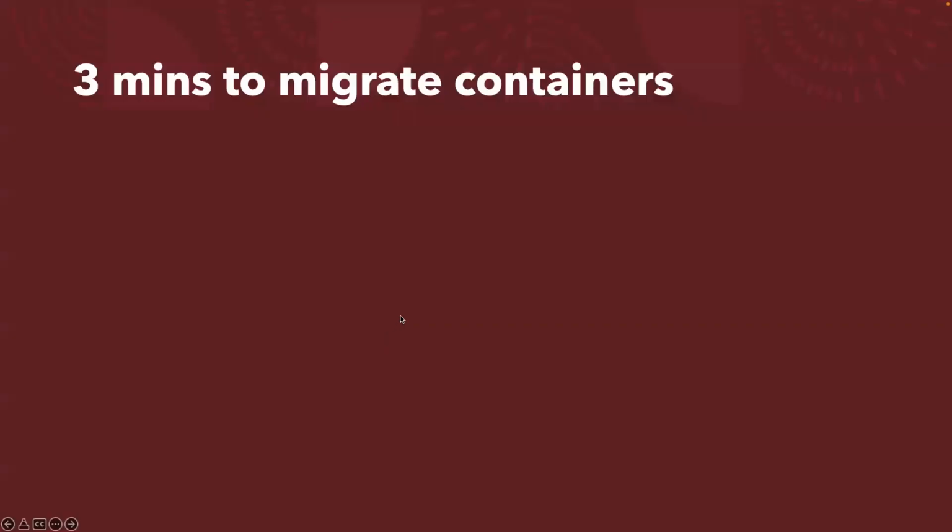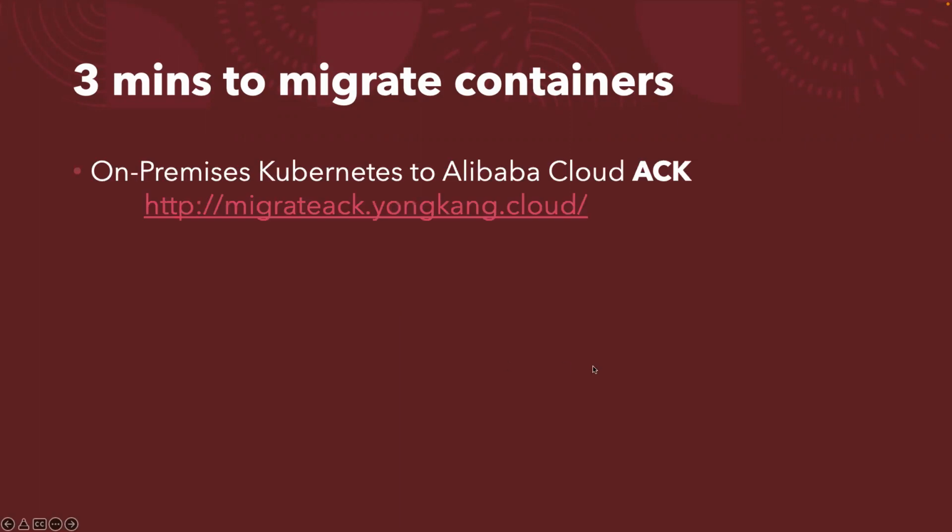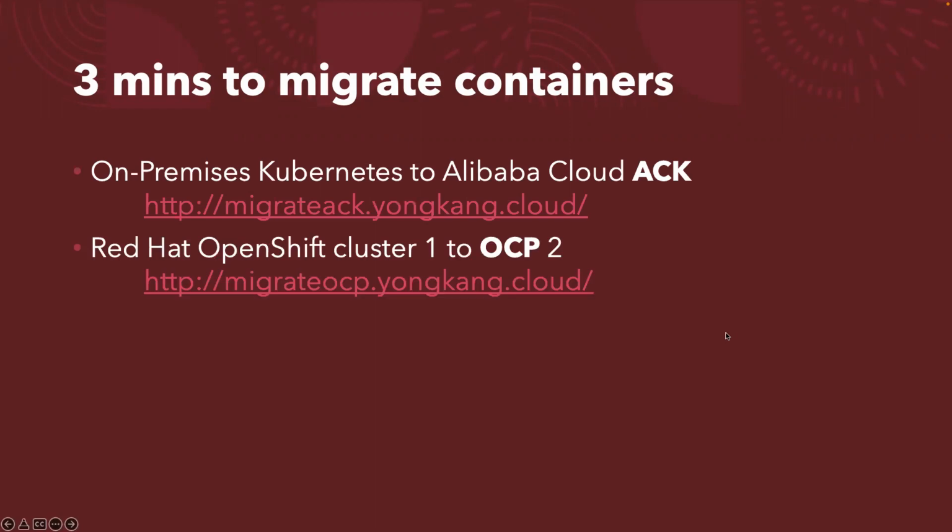Previously, I already recorded multiple videos about how you can easily migrate containers in about 3 minutes. The first one is about how to migrate on-premises Kubernetes to Alibaba Cloud ACK. Here is a link. The second is about how to migrate from one OpenShift container platform cluster to another.